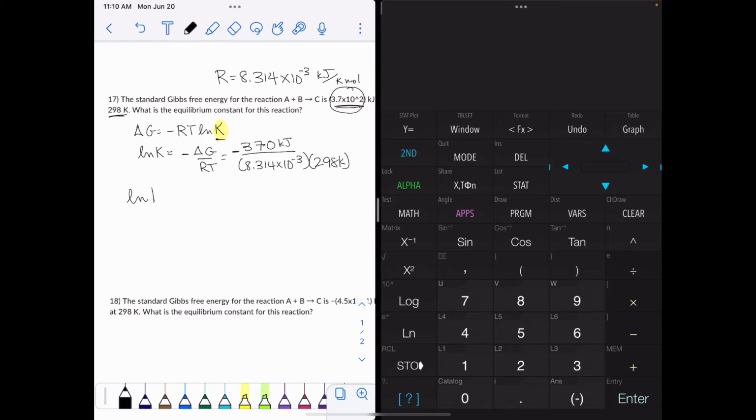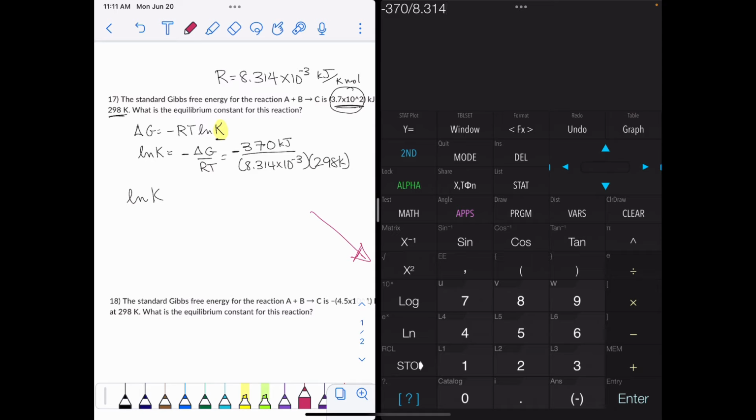And so if I come over here to this calculator, let me show you which buttons I'm pushing. I am making it negative. If you look way down in the bottom right, there is a minus in parentheses. There's my negative sign. 370 divided by, I've got my 8.314 and then times 10 to the minus 3.